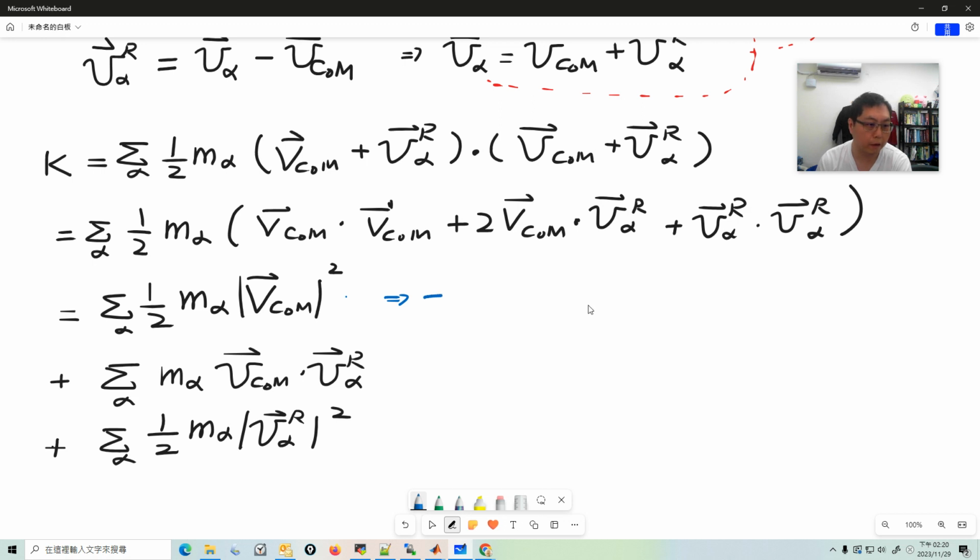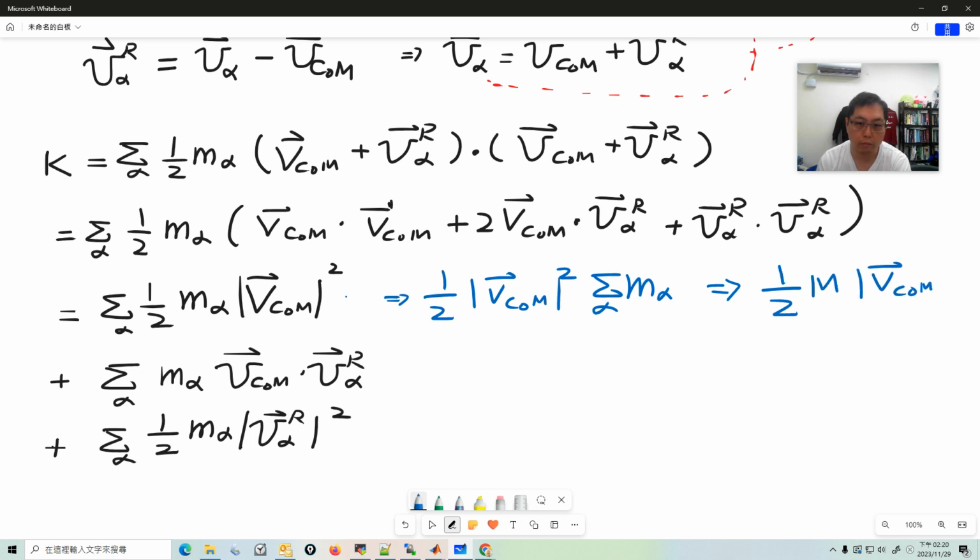So we can factor it out, and left the summation alpha m alpha. And summation alpha m alpha, that's the total mass of the system. Let's assume the total mass of system is capital M. So it's capital M times V_COM square. This is M, total mass.